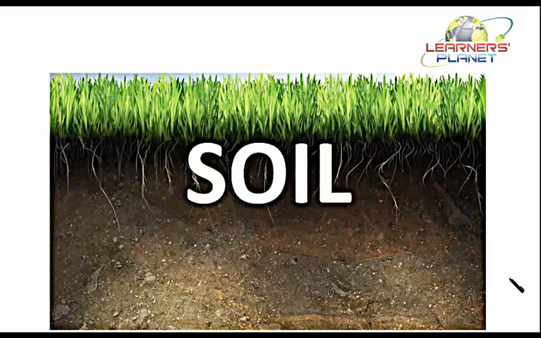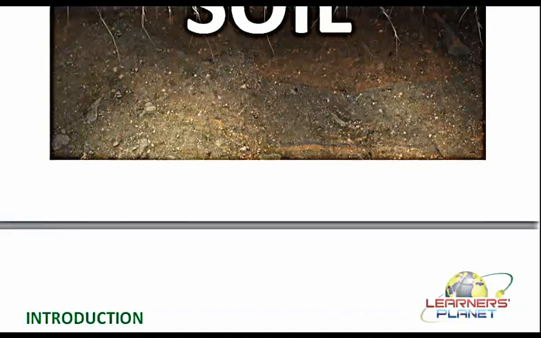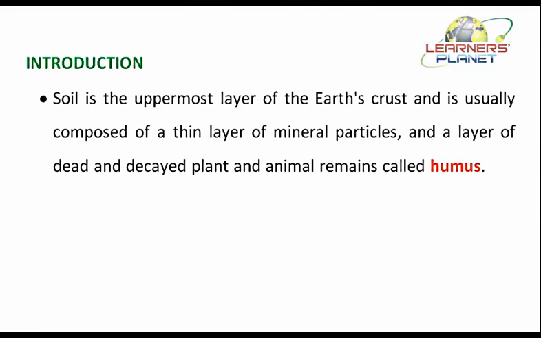So, what is soil? Let us see the definition of soil. Yes, students, soil is the uppermost layer of the earth's crust and is usually composed of a thin layer of mineral particles and a layer of dead and decayed plant and animal remains called humus.